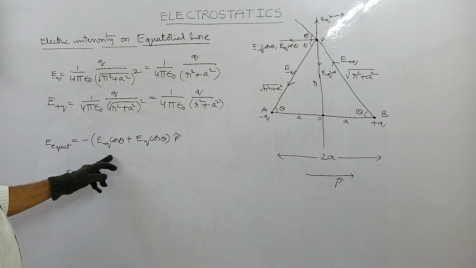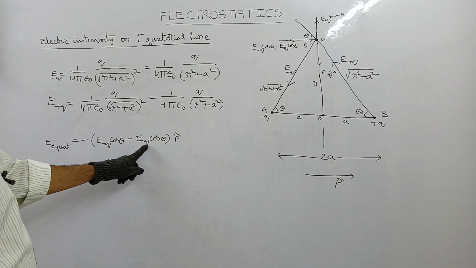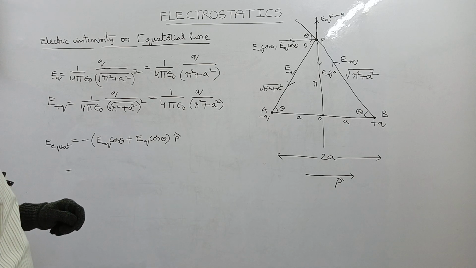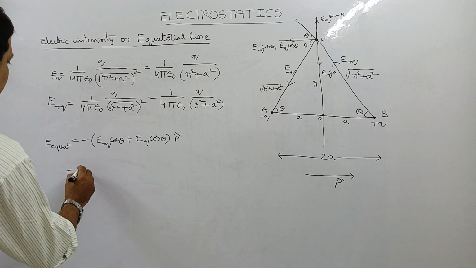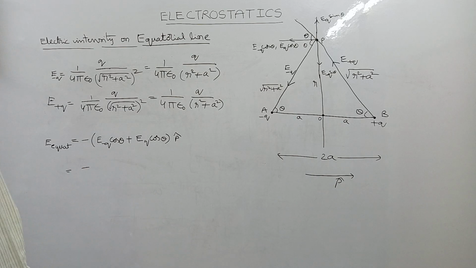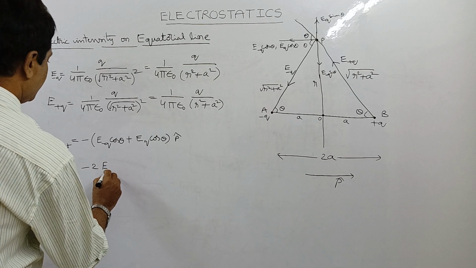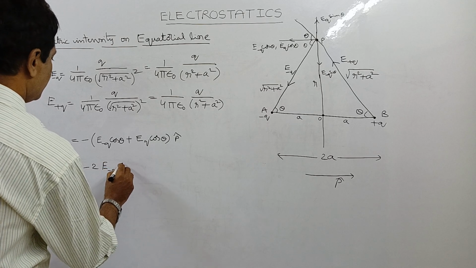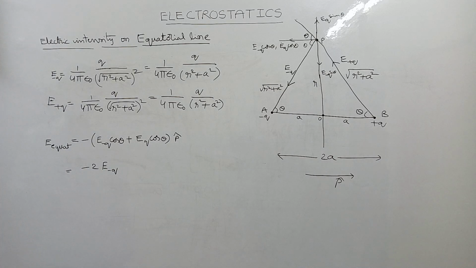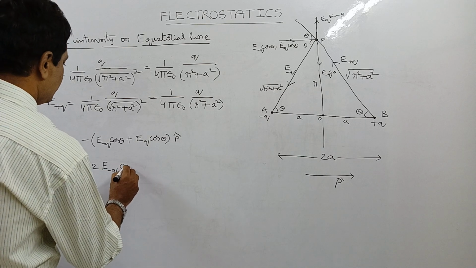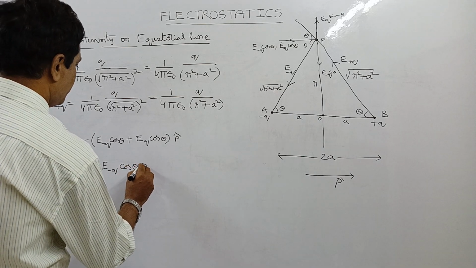So here we can write, see, E minus Q, E plus Q are same here. That means we can write minus 2 E minus Q, okay, cos theta into P cap.